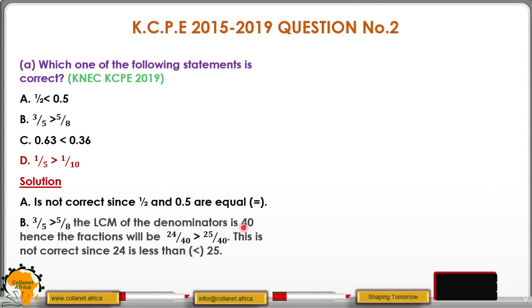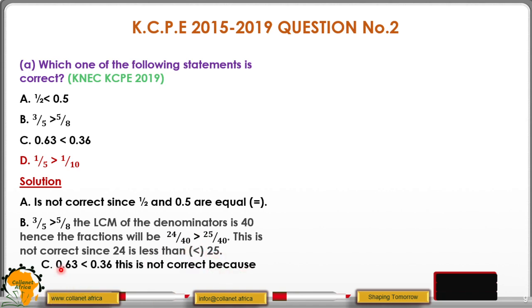So 40 divided by 5, you get 8, times 3, you get 24. And 40 divided by 8, you get 5, times 5, you get 25, meaning 24 is less than 25. So the sign is not correct, it's supposed to be less than.